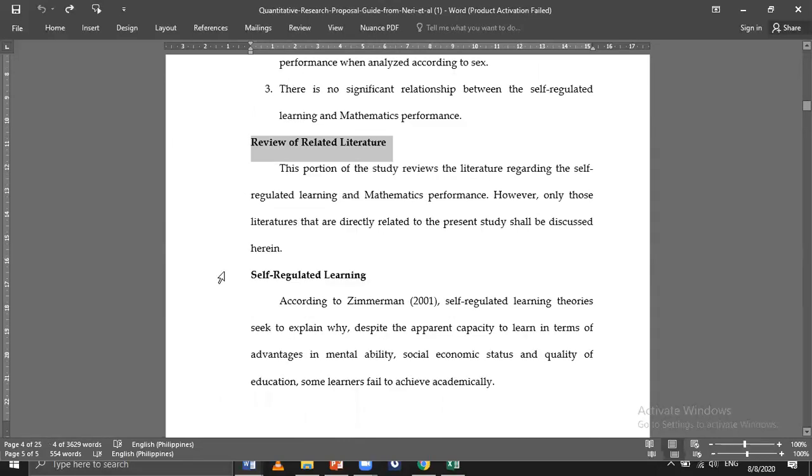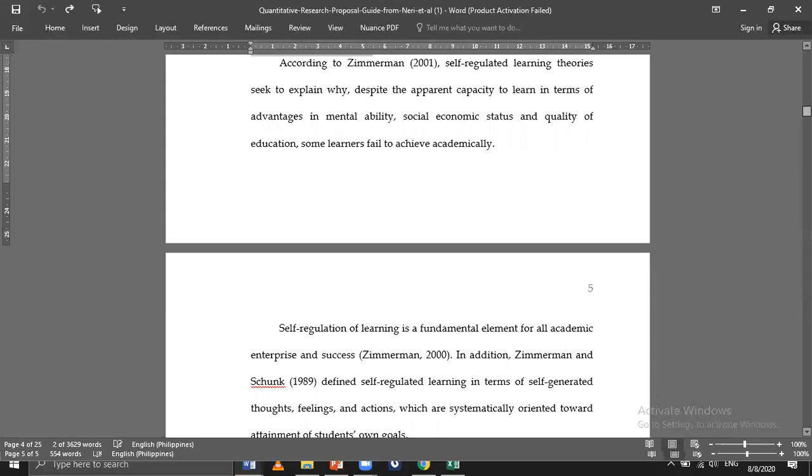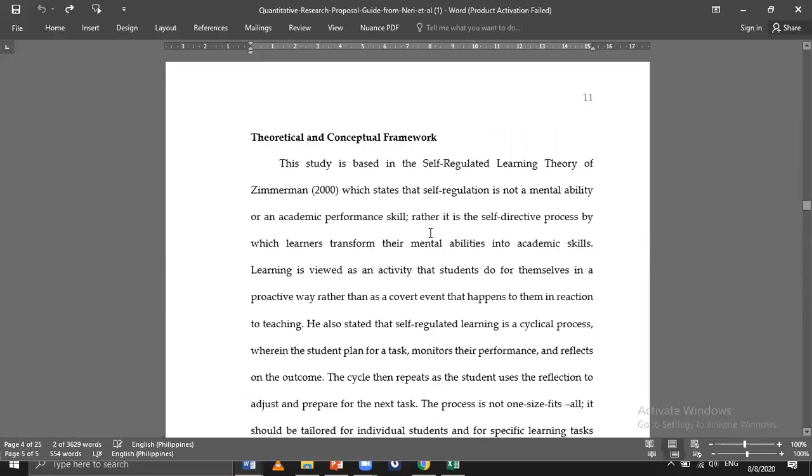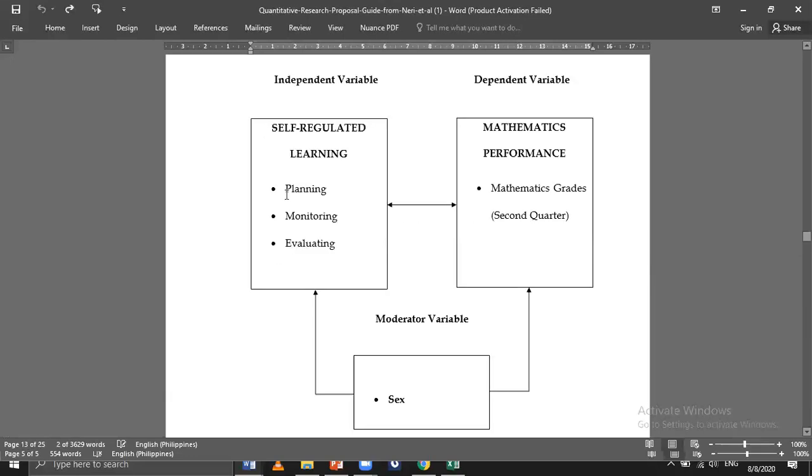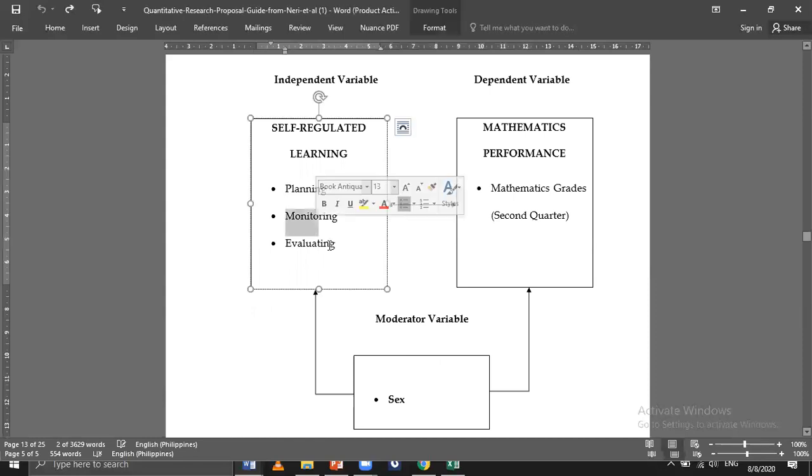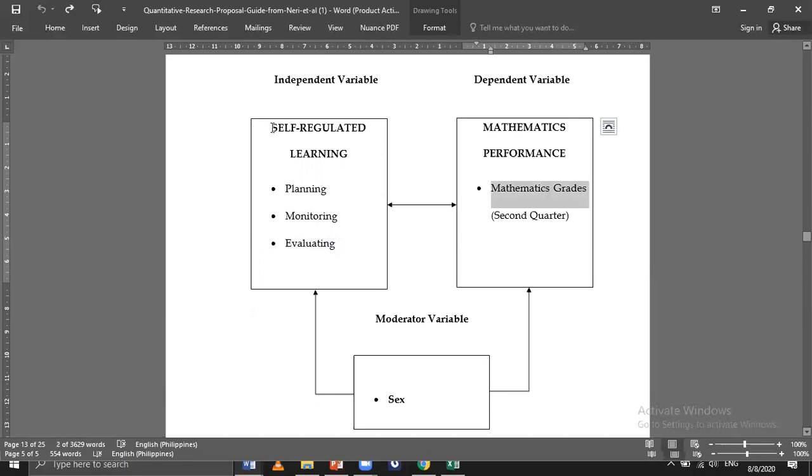The major topics for humanistic and social researches are mostly based on your indicators. Here, your indicators are planning, monitoring, evaluating, and also the mathematics grades. So you will put self-regulated learning as the main topic, with other topics on planning, monitoring, and evaluating.